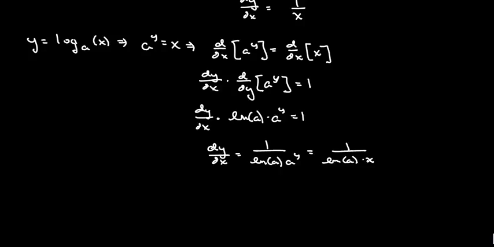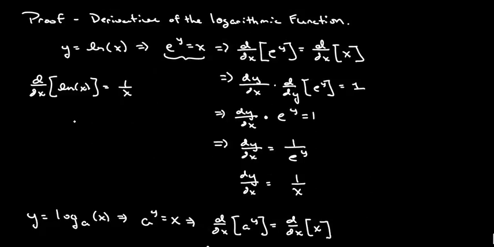Okay. So now the other thing that I should mention here is that these derivatives hold when x is greater than 0, and the reason for that. So on both these guys there are restrictions. We want x to be greater than 0. Well, why do we care about that?